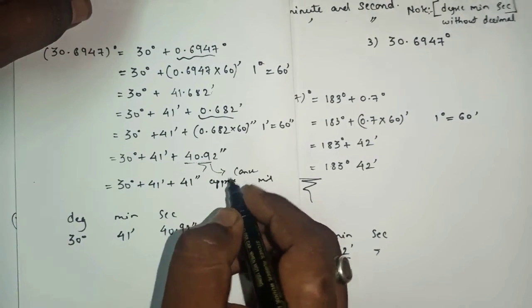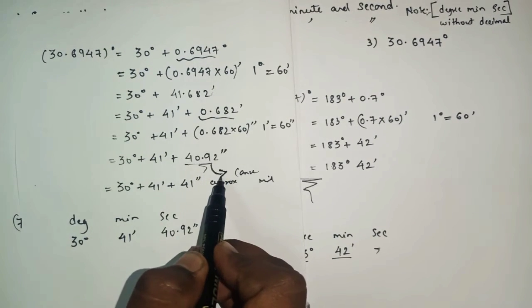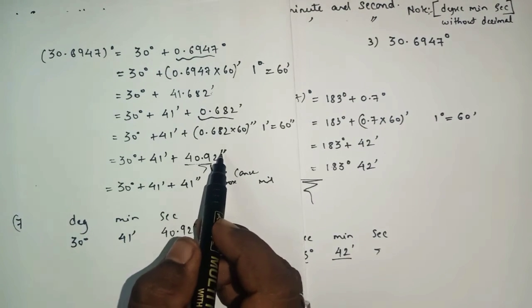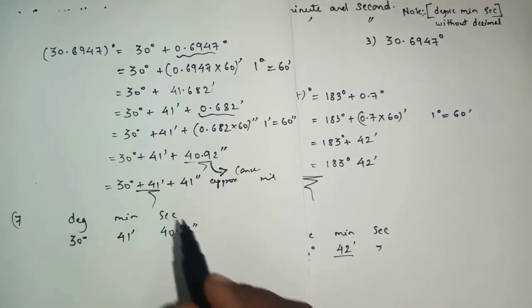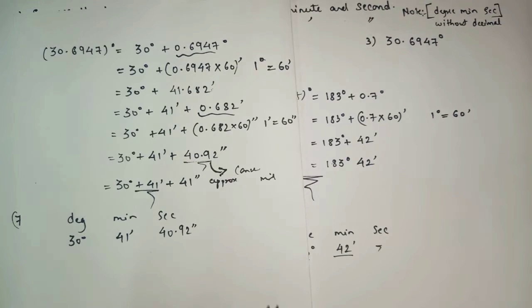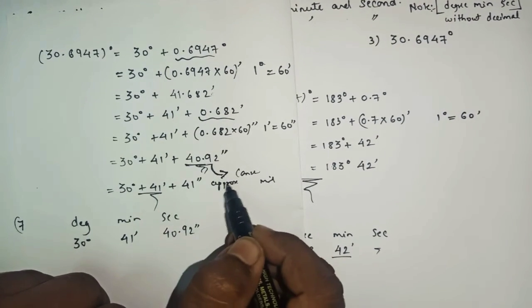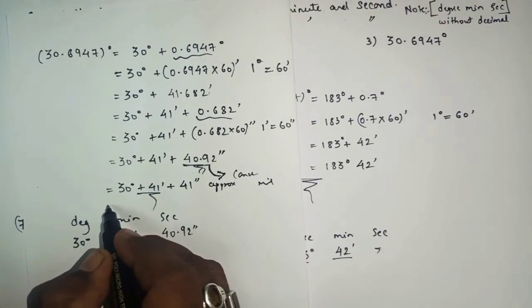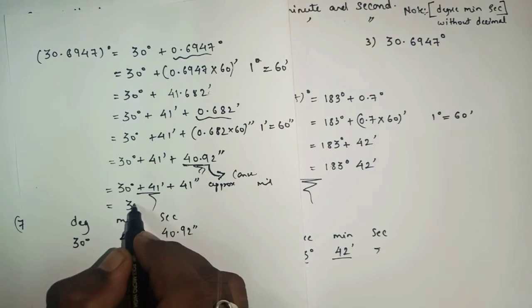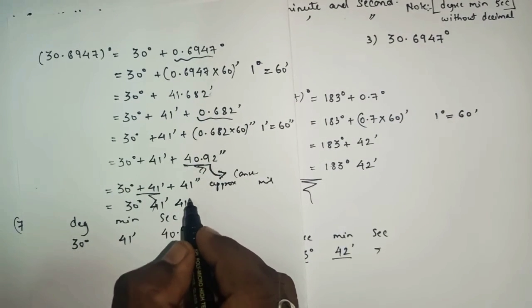Here you will write approx, because after this we don't have any conversion from second to millisecond. So after this we have to stop our answer. How can you stop the chain? Simply by writing 40.92 approximately as 41. So here we can read this as 30 degree, 41 minute and 41 second.